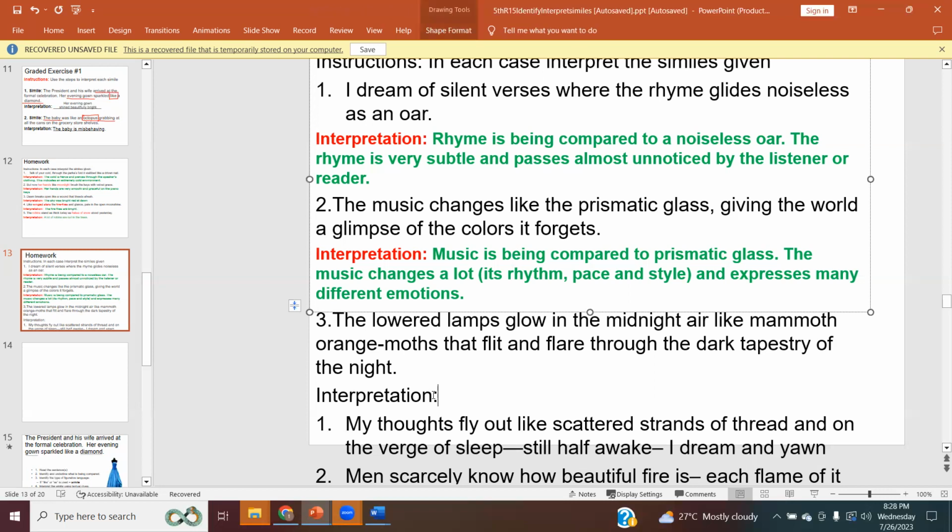So what 2 things are being compared here? The mammoth orange moths, and what else?